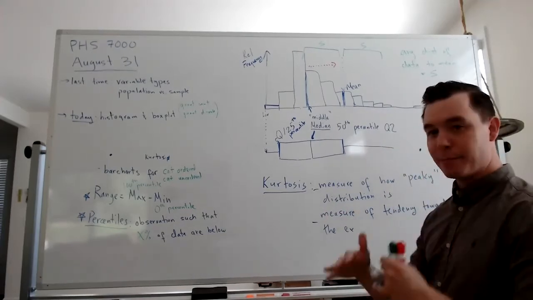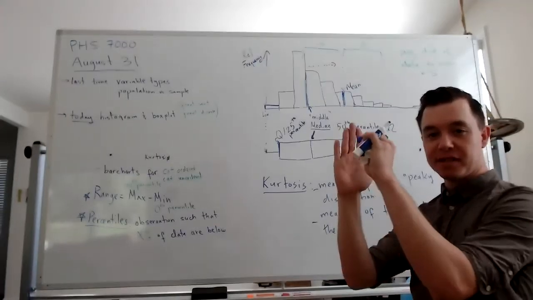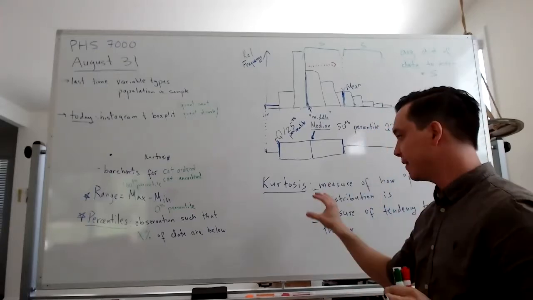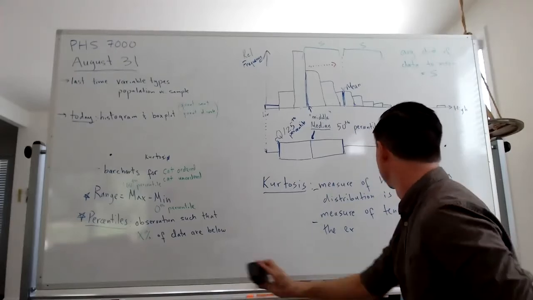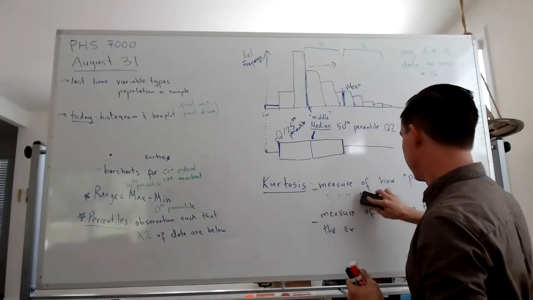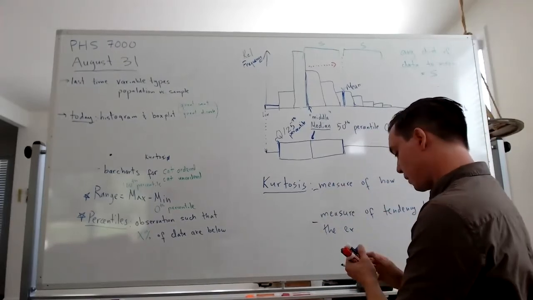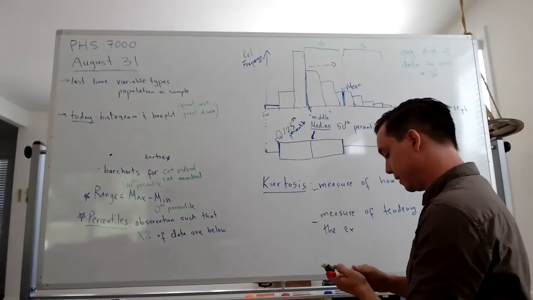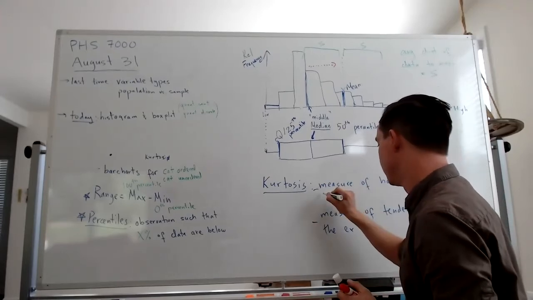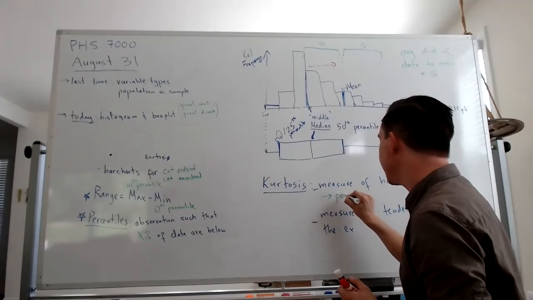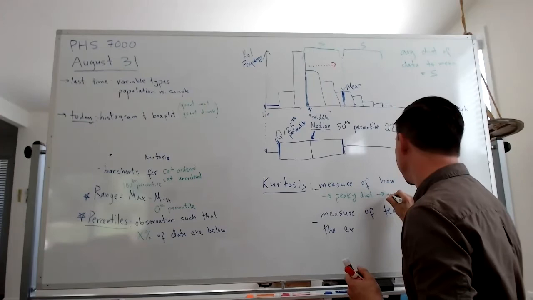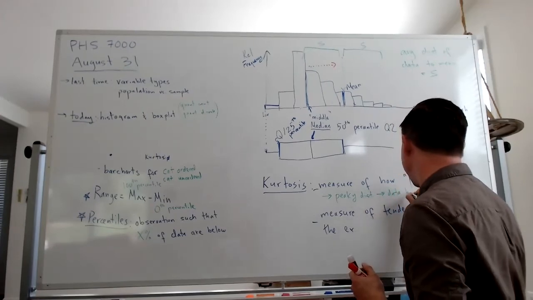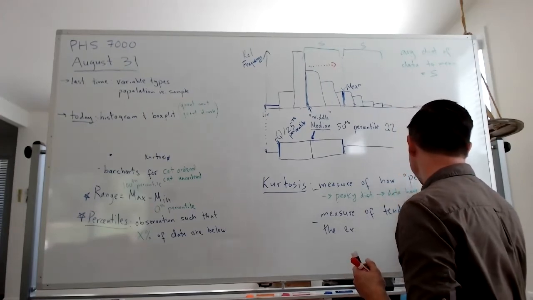If a distribution is peaky, then we have most of the data around the average, and the kurtosis is low. So high peakiness, a peaky distribution means data have small tails.